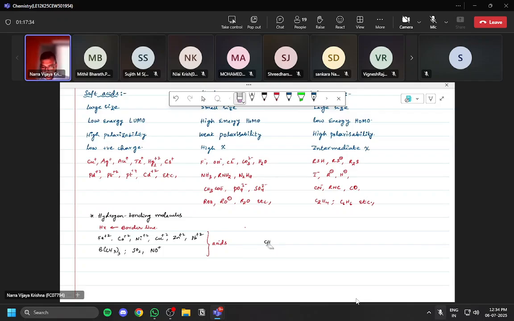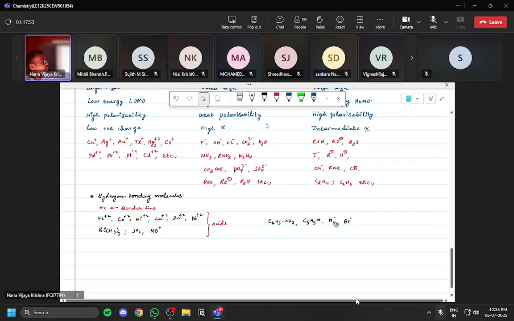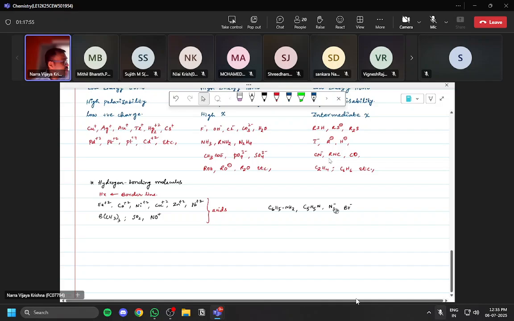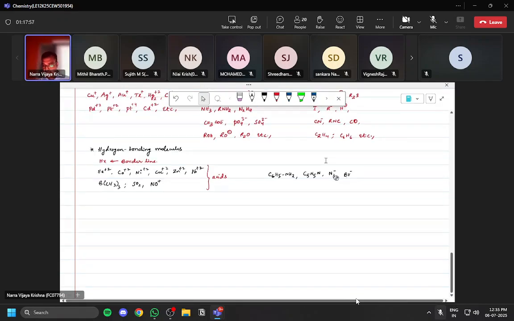C6H5NH2 aniline, C5H5N, hydrazine, Br minus. See this, I minus is a soft base, Br minus is borderline.